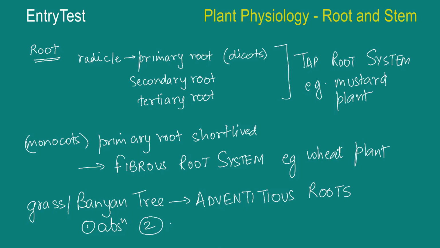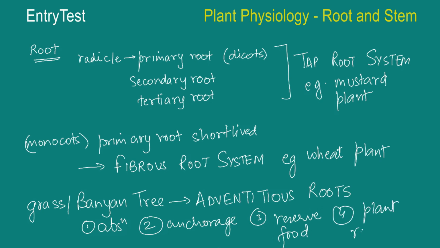Absorption of the important water and nutrients, providing a proper anchorage to the entire plant, storing the reserve food material, and the fourth one is synthesize some plant growth regulators. So those are the four important functions of the root in a plant.